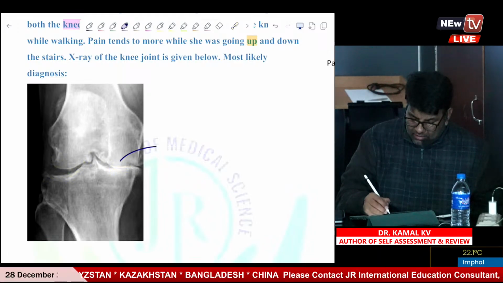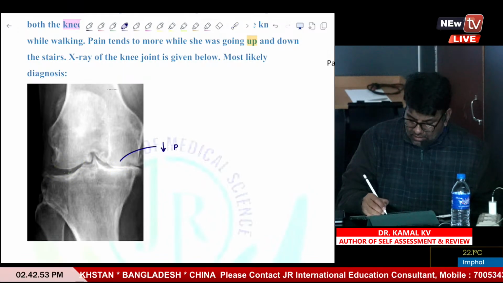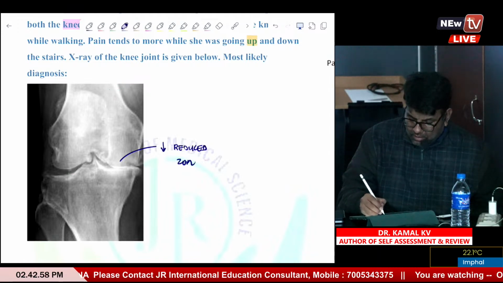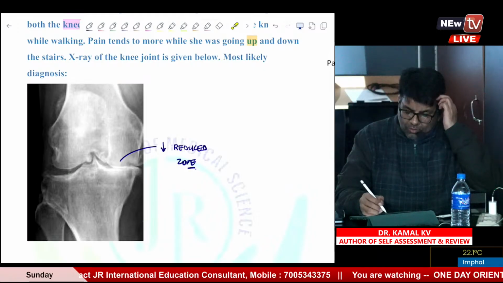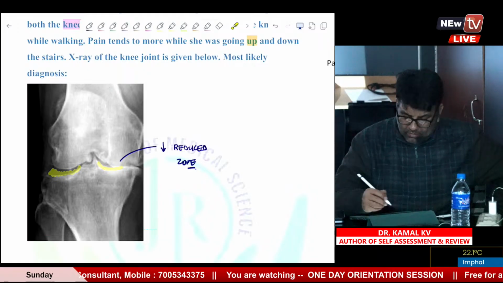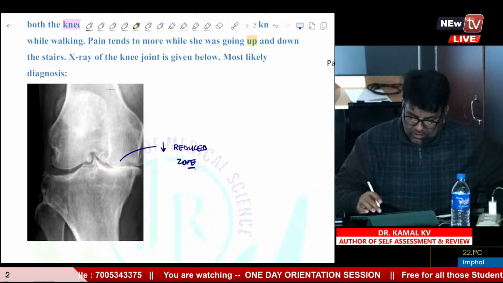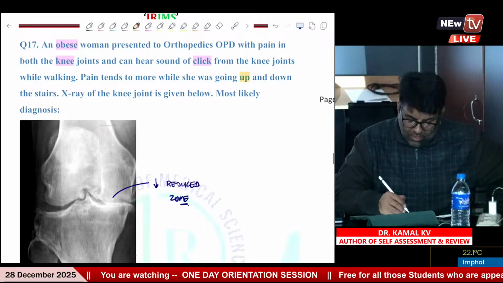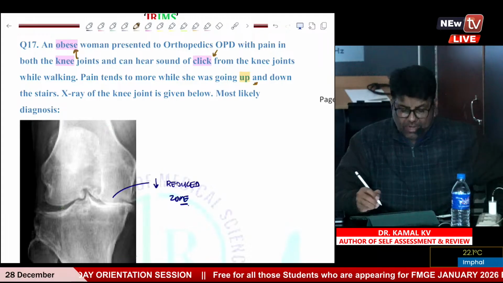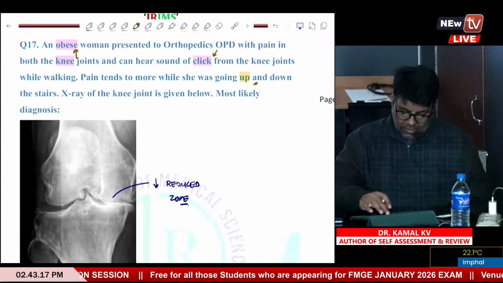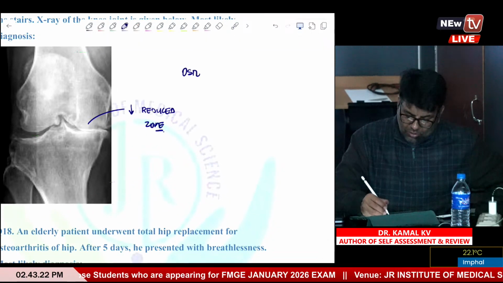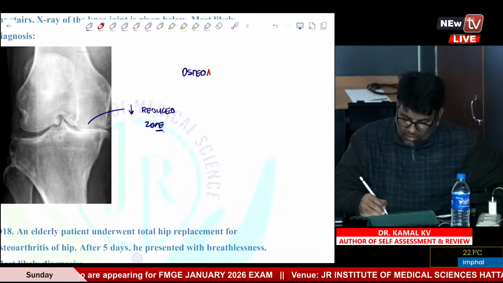So on this side the joint space is reduced. And joint space can be understood by the black area. And this reduced joint space in an obese woman, then click, and especially pain coming on exertion, this is very suggestive of which condition? Osteoarthritis.